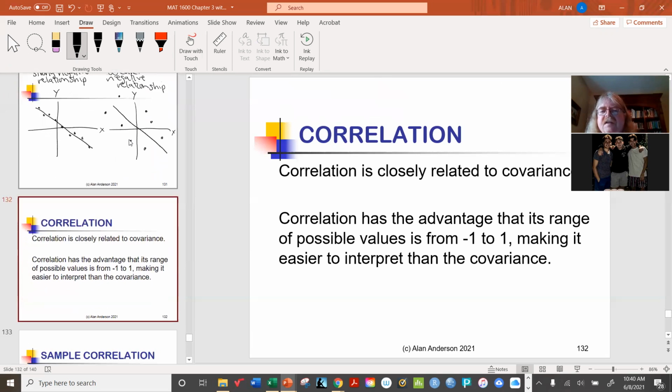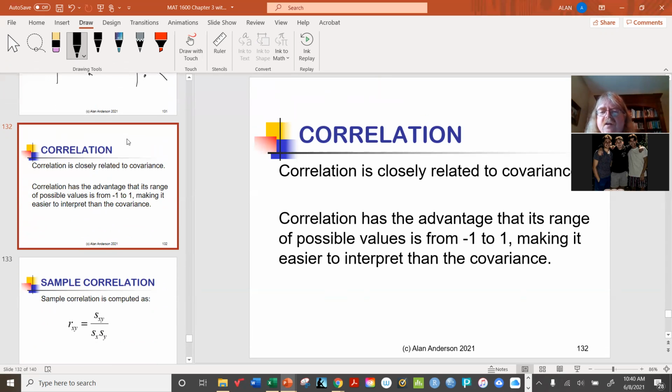So in other words, let's look at this now. The correlation is closely related to the covariance, but it has one huge advantage. It can only range between -1 and +1, making it easier to interpret than the covariance.